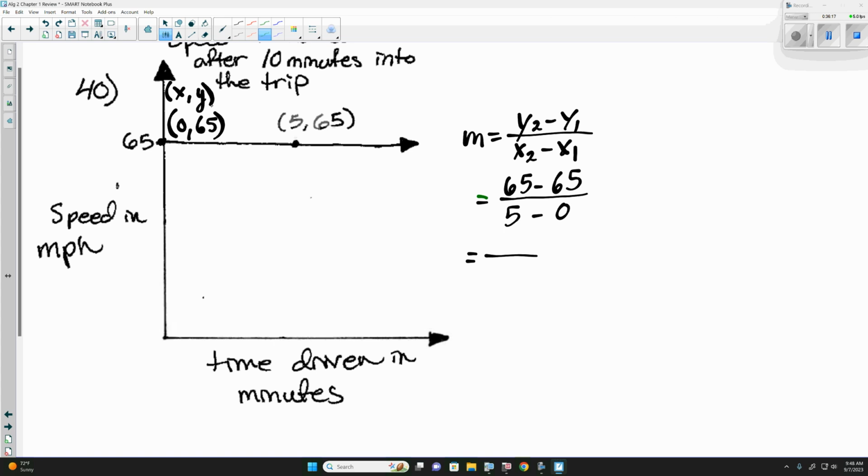So 65 minus 65 is 0. What times 5 is 0? 0. Yeah. Y is always up and down.